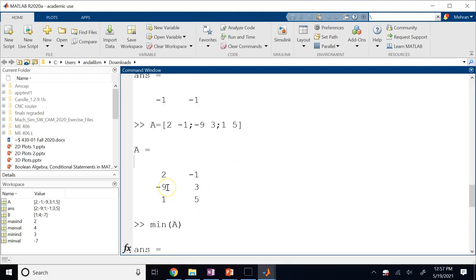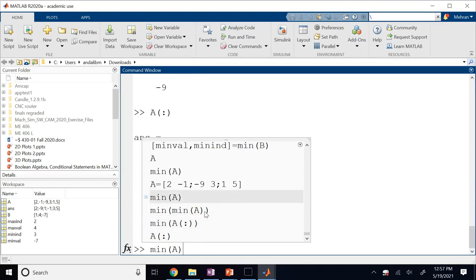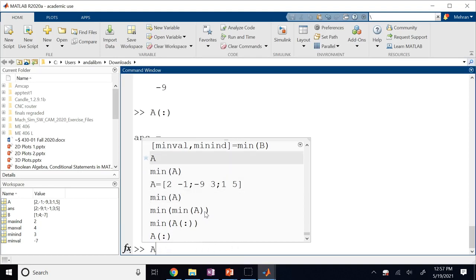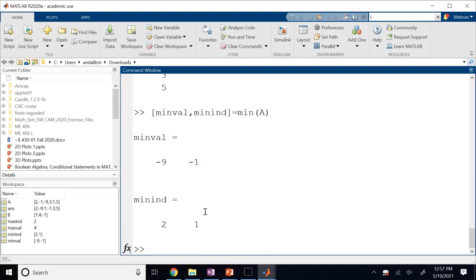You might be curious. How can I know this smallest number is happening in row 2, column 1? You might be able to get, again, the two outputs, min value and min index, from A. Well, let's see what happens if I do it. It says min value is -9, -1, min index is 2 and 1. What does that mean?